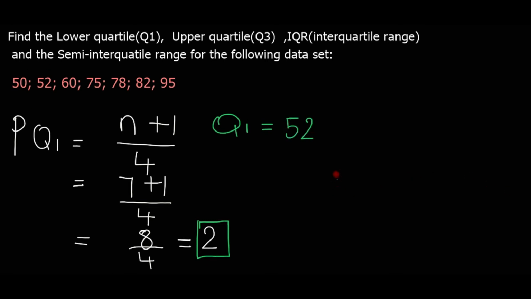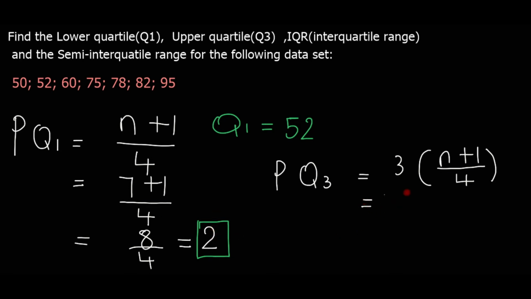And then what about Q3? Re tseba gore position ya Q3 ile kana le 3 at n plus 1 divided by 4. And then remember n plus 1 divided by 4 ke this one re kry-ile gore which is 2. So re la gore ro 3 and then times 2, and then 3 times 2 ke 6.